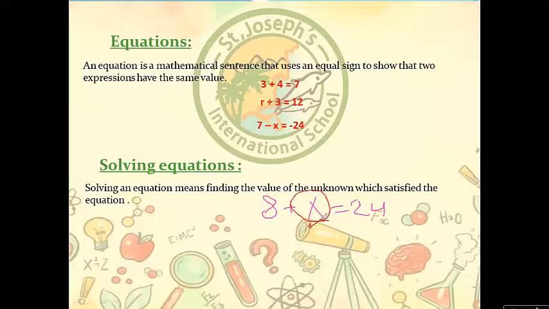Another one, if I have 27 minus y equals 15, solving the equation means finding the value of the unknown, which is y.